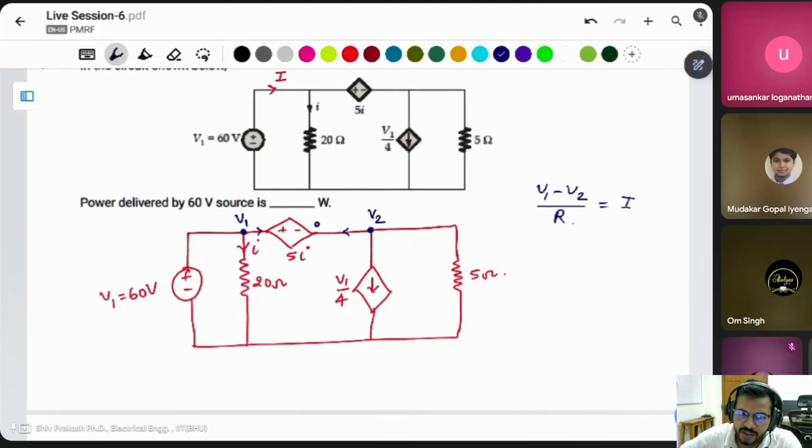Similarly, if the current flowing through this is, suppose, I, then at the same node this current I is divided into two parts. You have to neglect the current flowing between them.